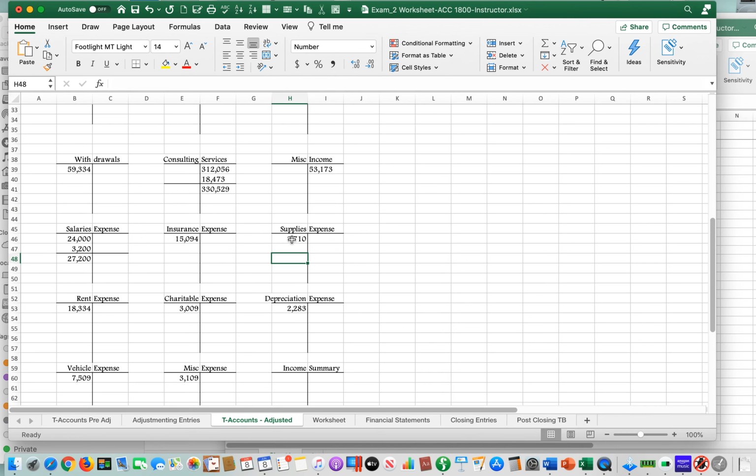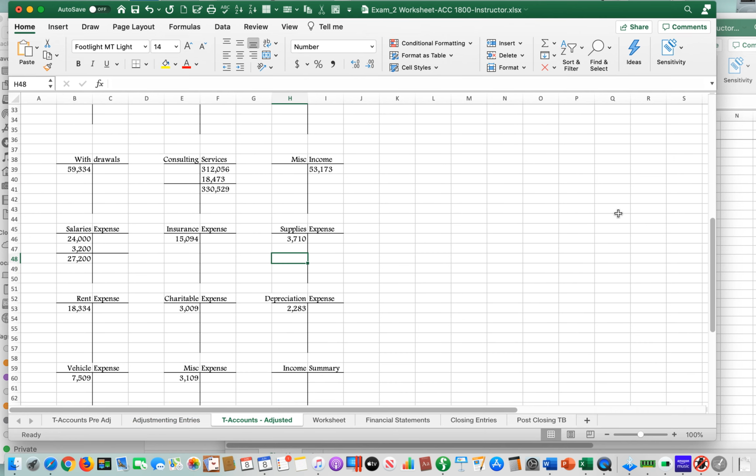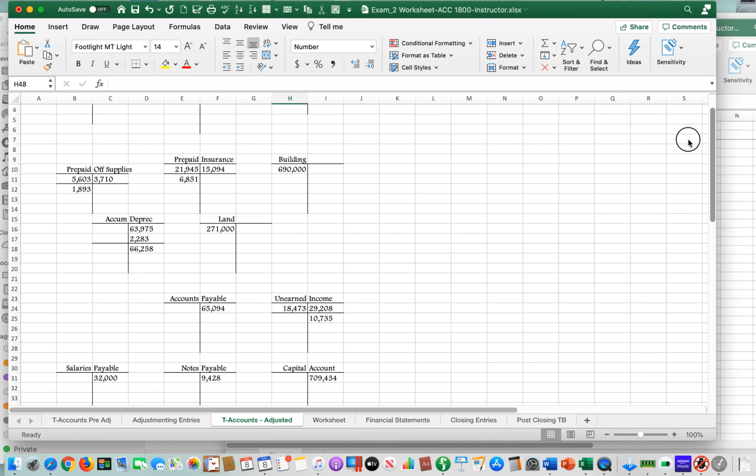We posted as a debit from the left side of the T account, and then we're going to credit prepaid supplies by $3,710. So let's go to prepaid supplies and look at the credit. Prepaid supplies. Here we credited $3,710, and we strike a balance.